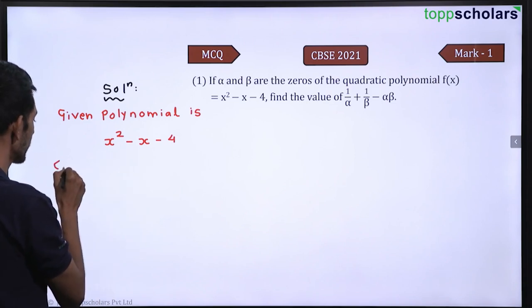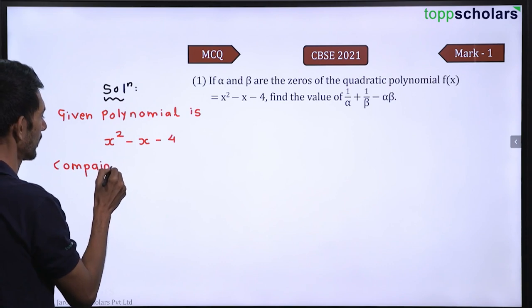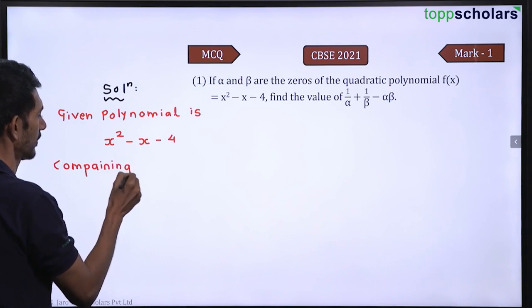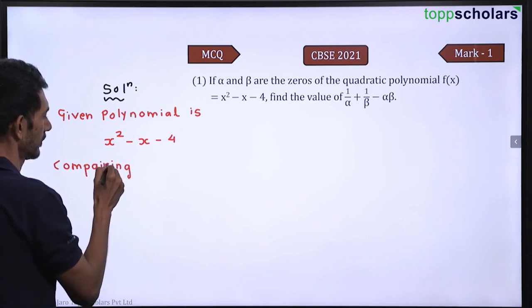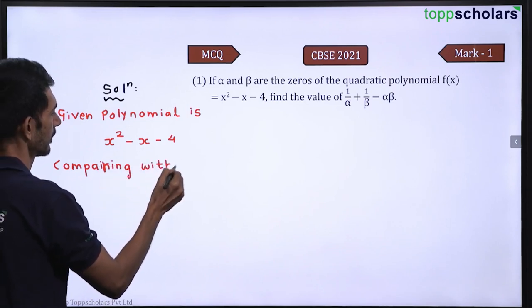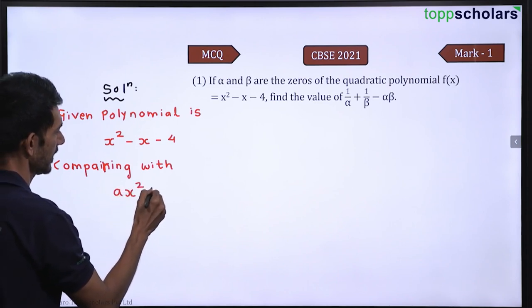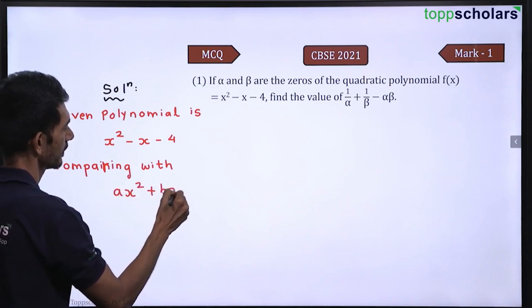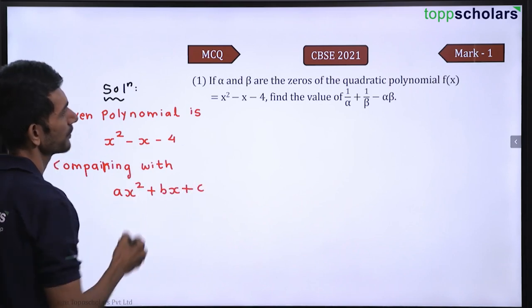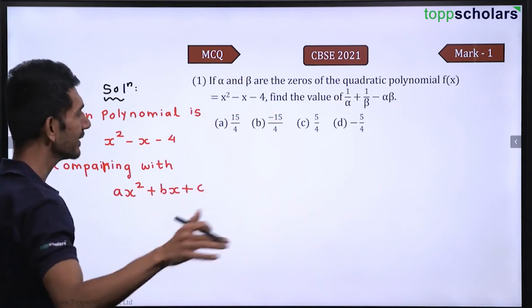If we compare this with ax square plus bx plus c, anyways, 4 options are there.